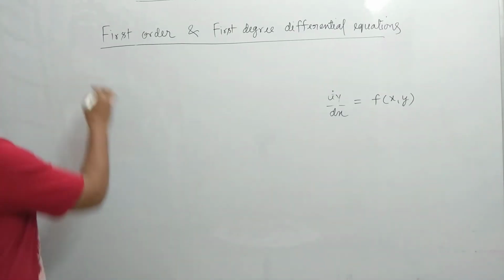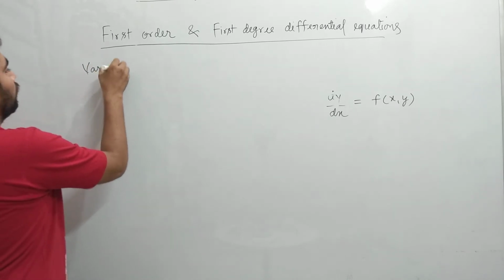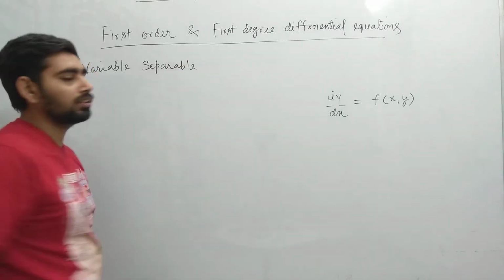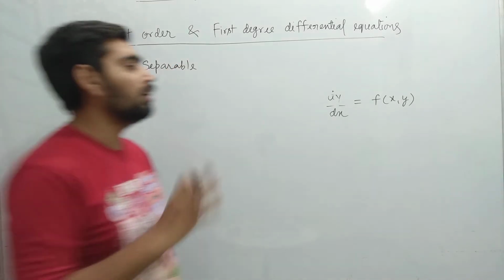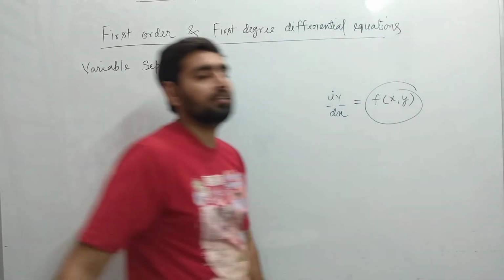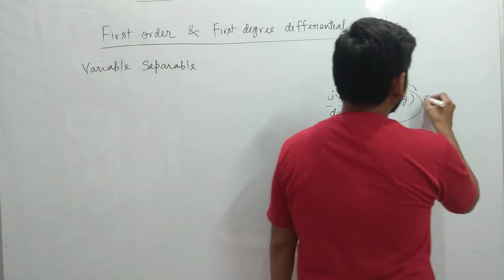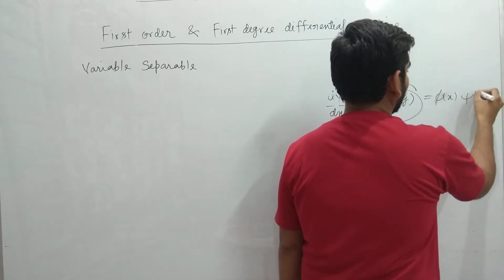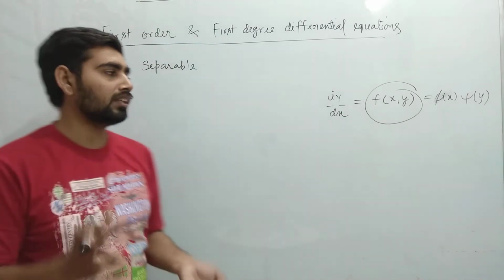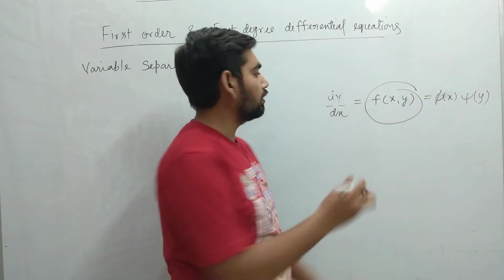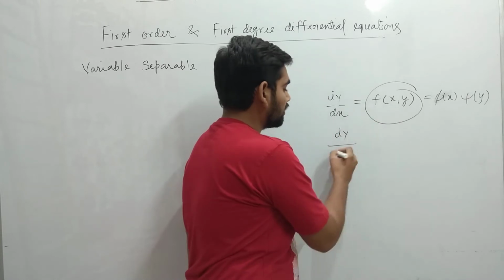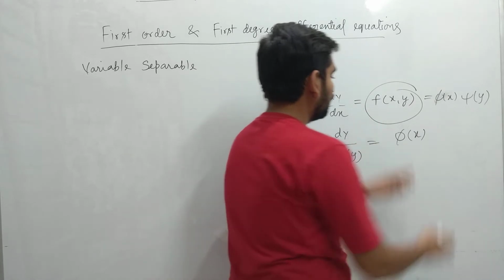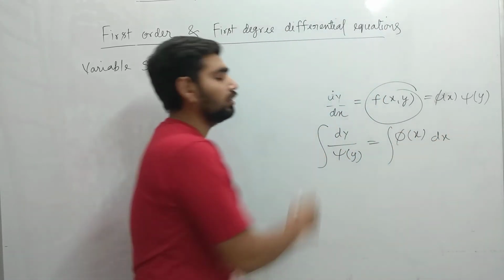If in a first order and first degree differential equation we are able to separate the variables, that means if the function of x and y can be written as phi of x times psi of y, a product of functions of x and y, then we can separate the terms of y, dy by psi y, and the terms of x, phi x and dx, and on integration it will give the solution.